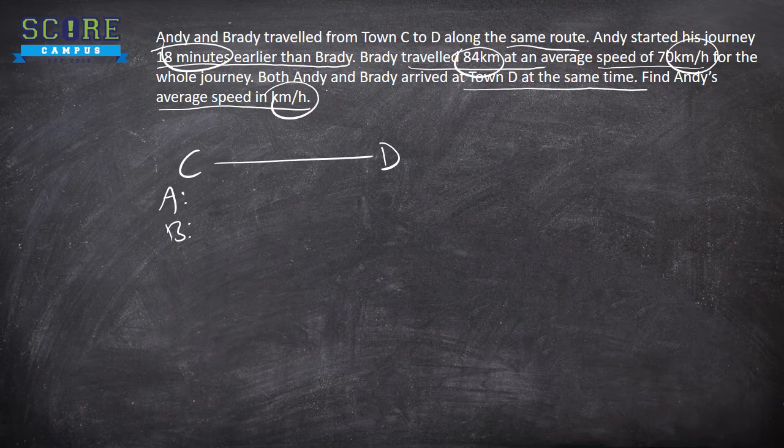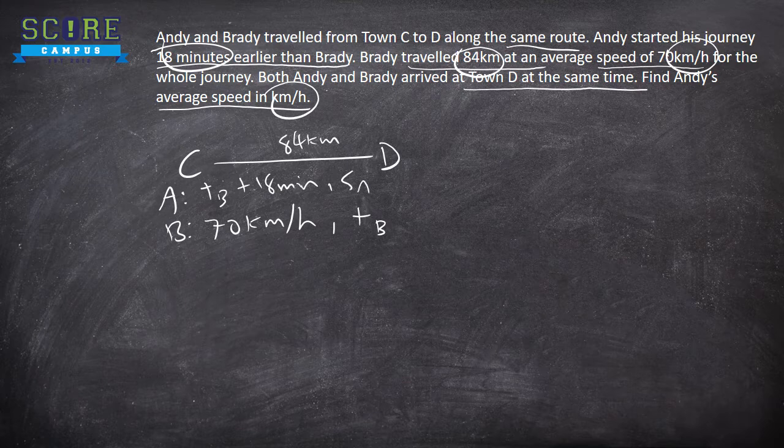Brady traveled, so the distance is 84 km, and Brady traveled at 70 kilometers per hour. And so the time he took was TB, right? Andy, the only thing you know about Andy is that Andy took time of Brady plus 18 minutes.